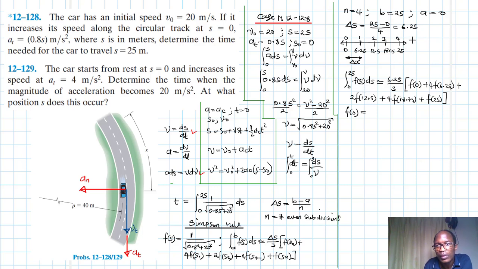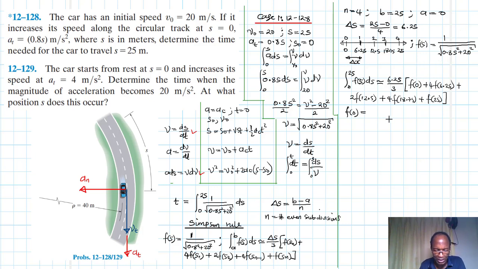The function we said is f of s equals 1 divided by root of 0.8 s squared plus 20 squared. We are going to plug in all the values of s into this function.